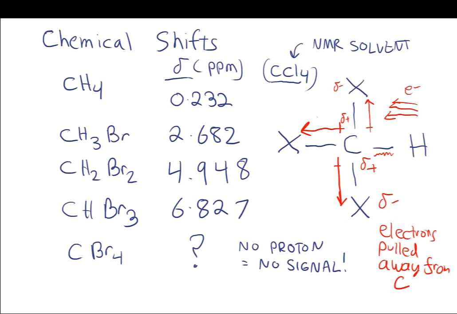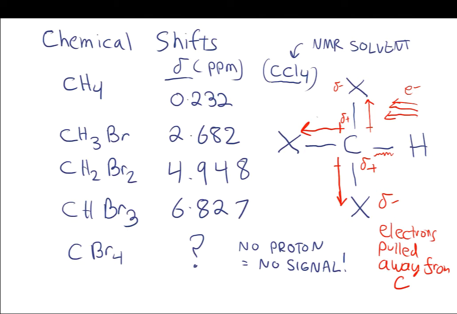As the electron density moves away from the nucleus of the protons, we also see a corresponding increase in chemical shift.